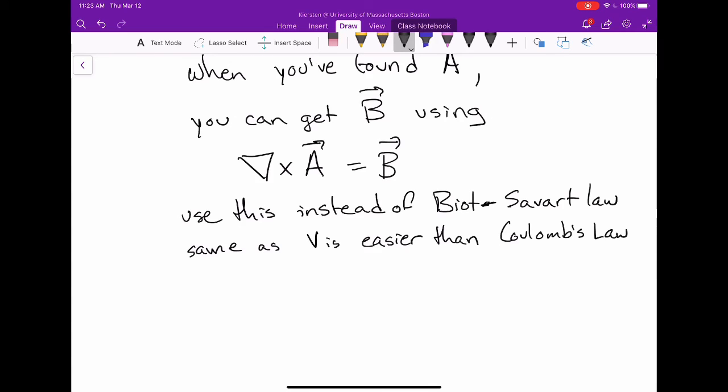The one other thing that I want to point out is that you can use the magnetic vector potential instead of B to find the magnetic flux through a surface.